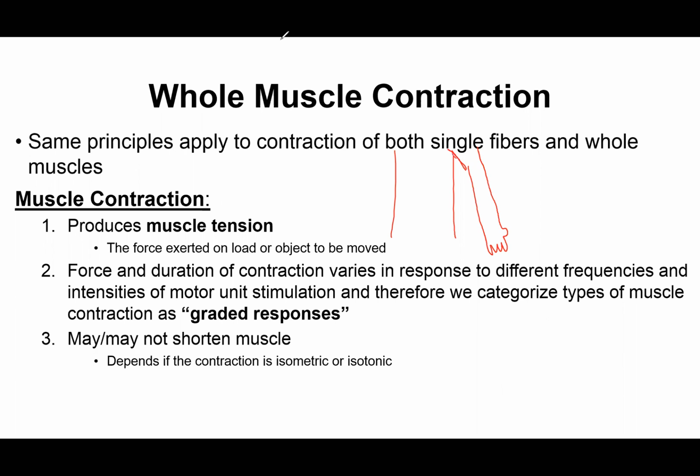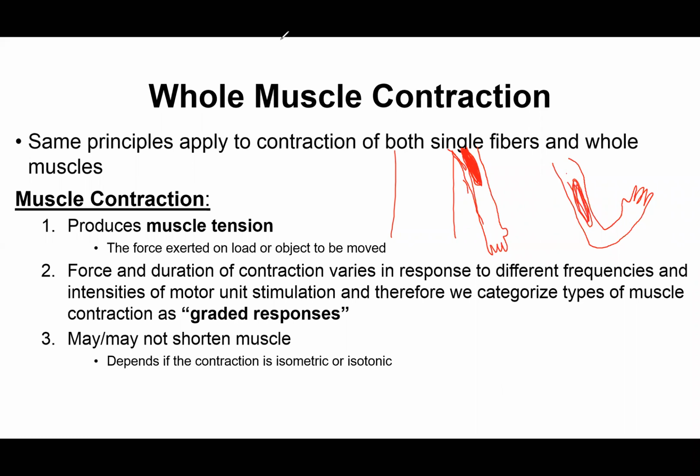Our biceps muscle is going to be located about right here, and that would make this our elbow joint. Whenever our biceps muscle contracts, it has the job of bending our elbow.